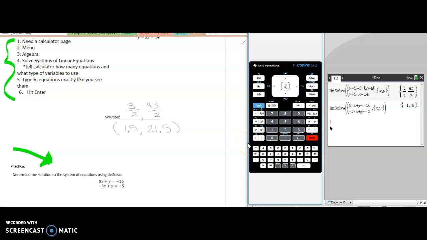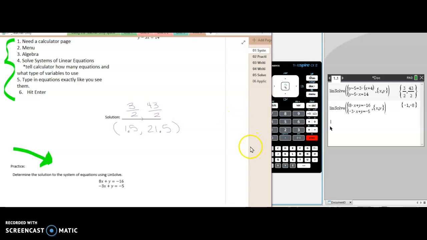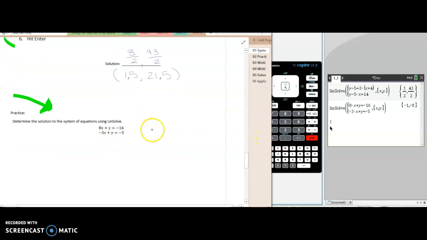Oh, and then we get a negative 1, negative 8. So my solution is negative 1, negative 8. So if I ask you what the x value of the solution of this system is, you could tell me the x value is negative 1. If I ask you for the y value, you would tell me that the y value is negative 8.